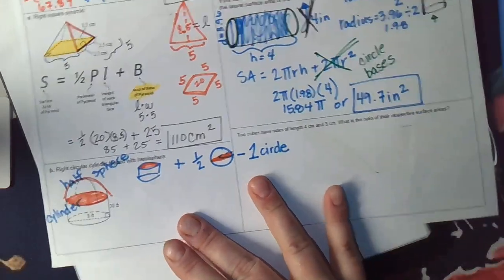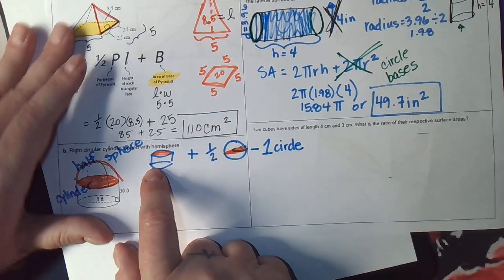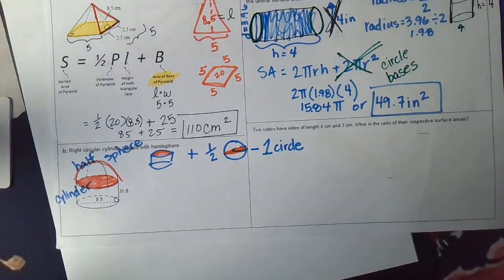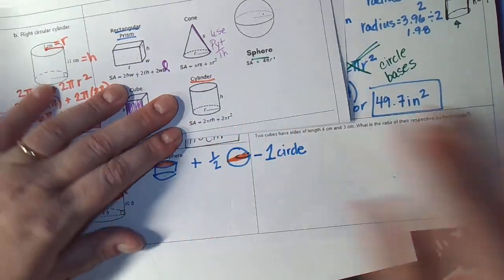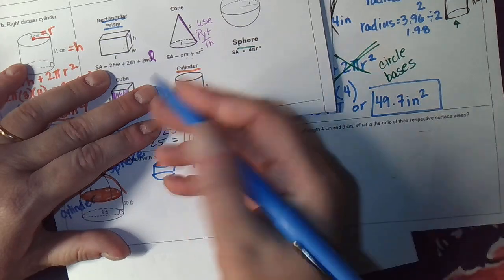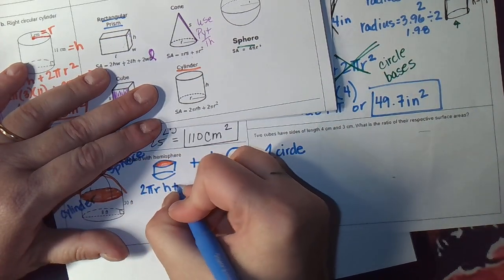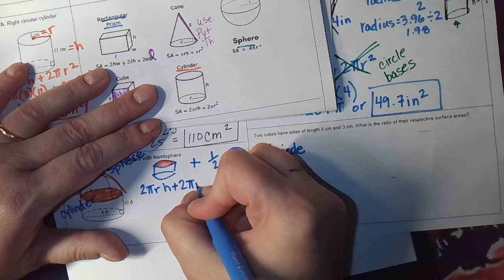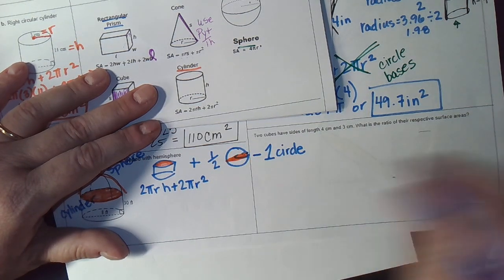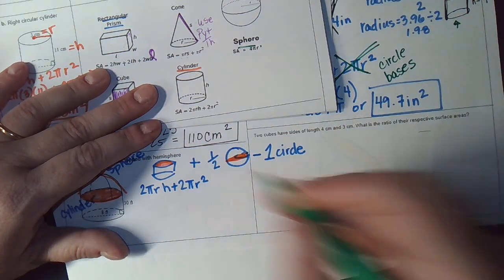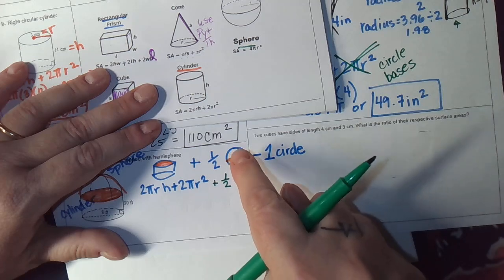Yeah. Okay, so let's see here. Let's find the area of a cylinder. The surface area of a cylinder is 2 pi r h plus 2 pi r squared. Okay. Then we're going to say plus half of a sphere.